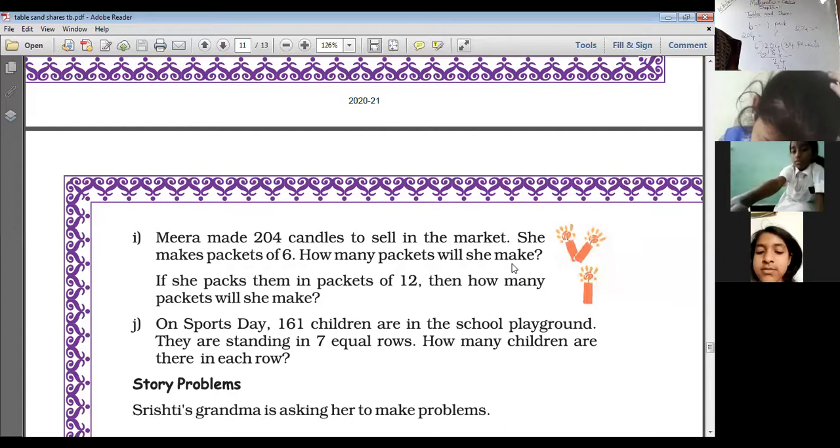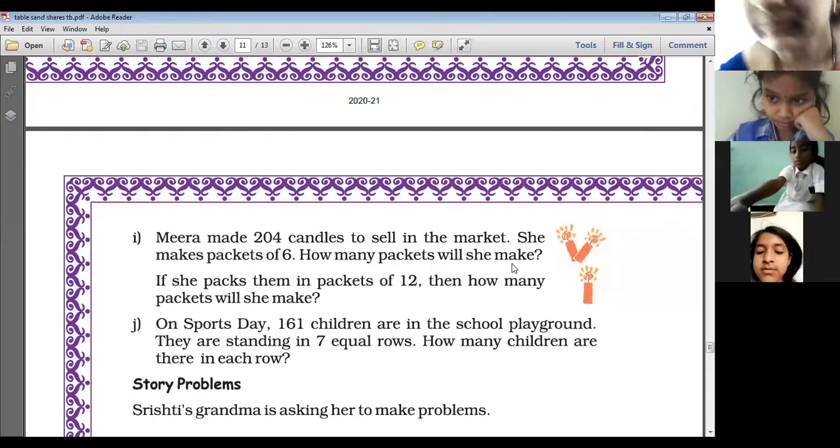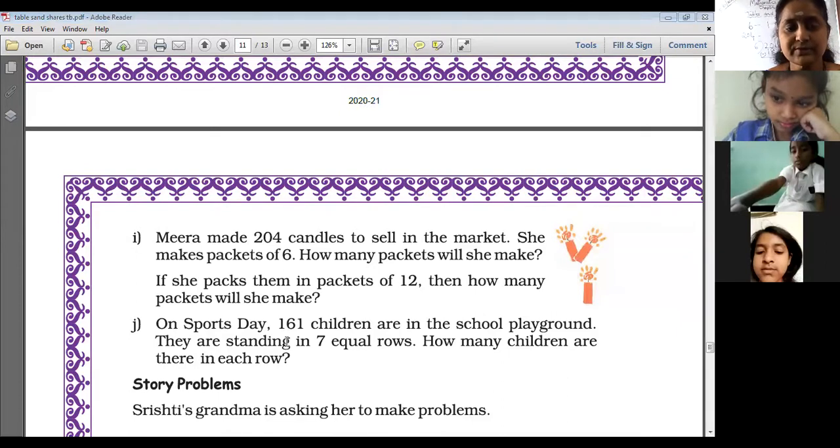Now this one you do. If she packs them in packs of 12, then how many packets will she make? So 12 candles in one packet. 204 candles, how many packets? Do the division and tell me the answer. What divided by what?